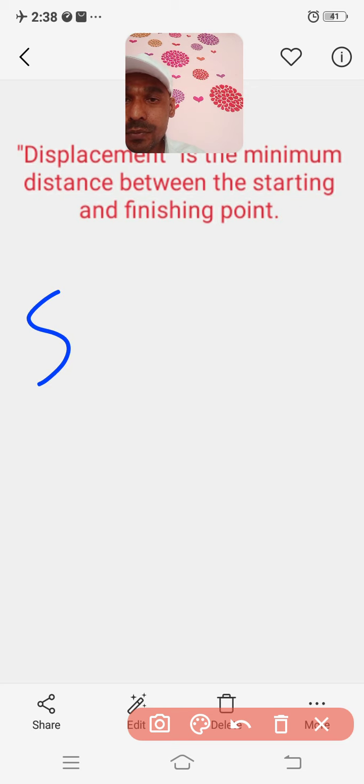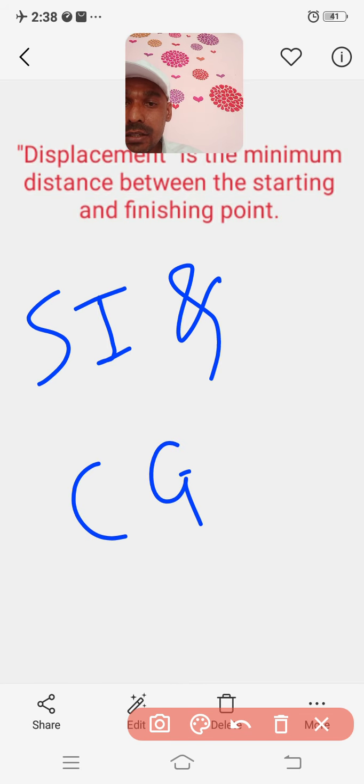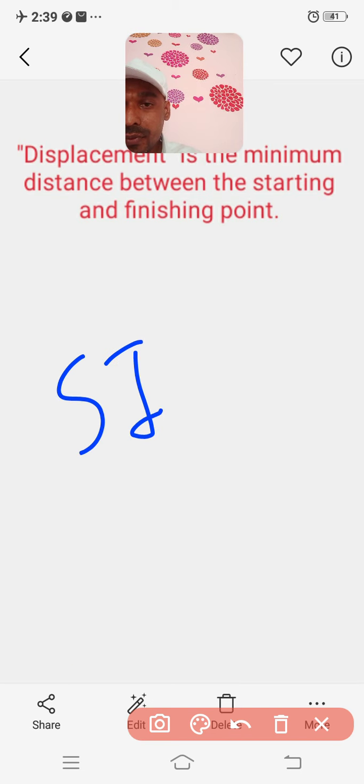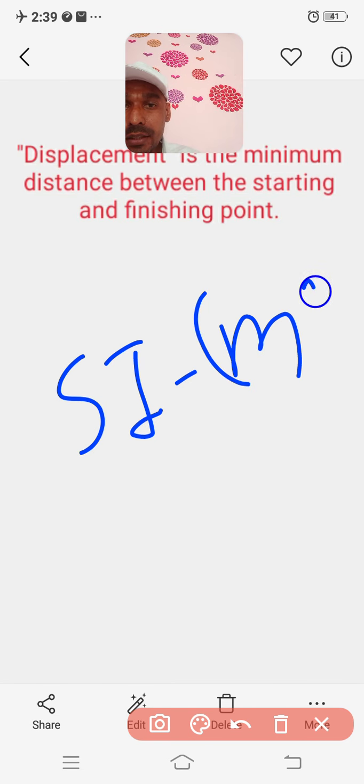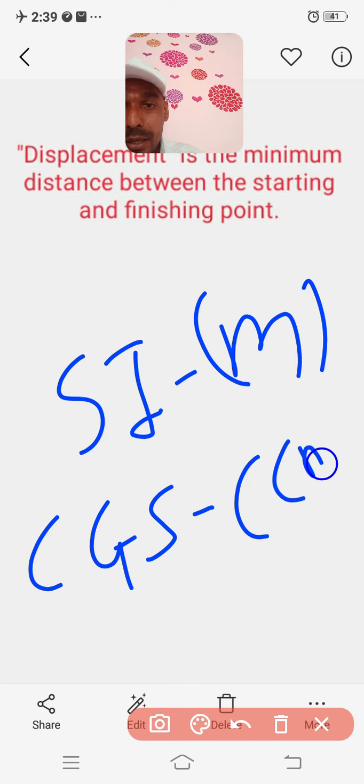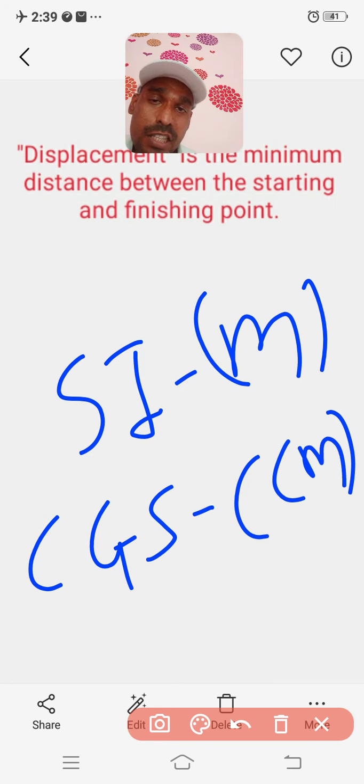The SI unit and CGS unit of displacement are the same as those of distance. It means the SI unit is meter and the CGS unit is centimeter. So the SI and CGS units of displacement and distance are both the same.